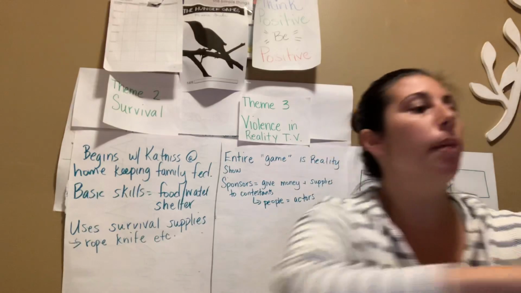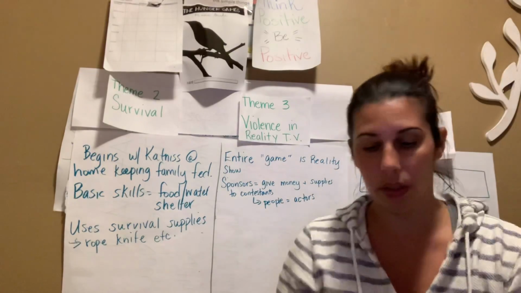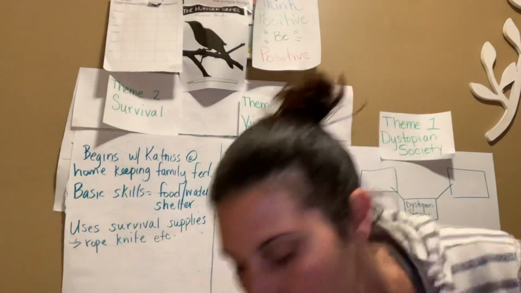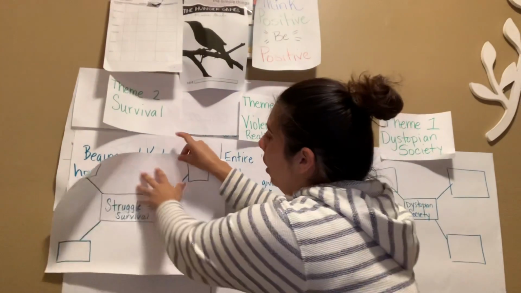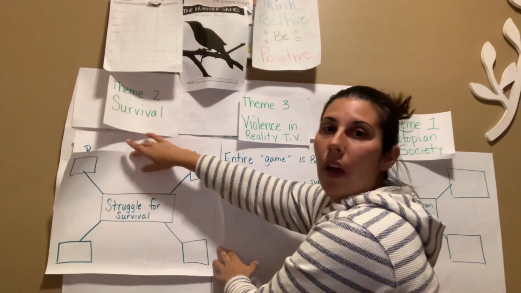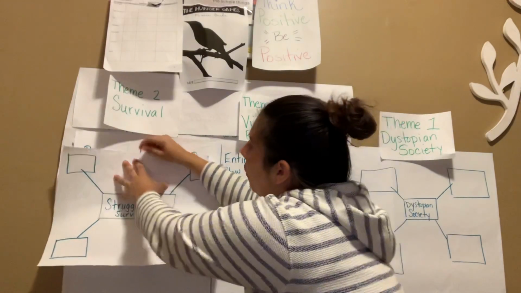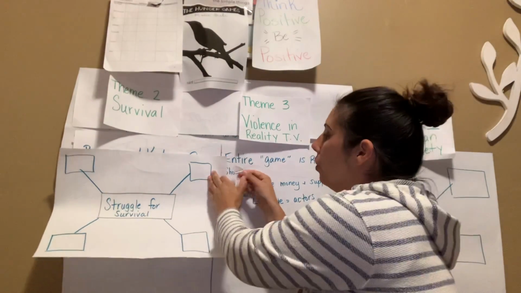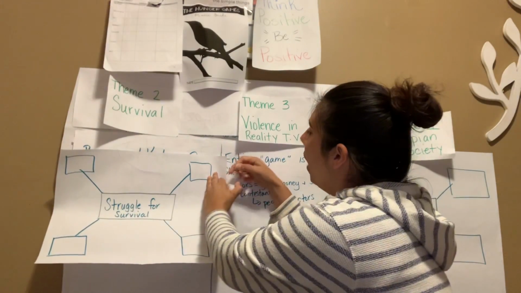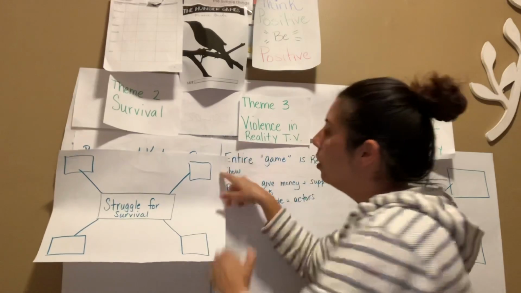So as an example, I said, struggle for survival. Now, if you're looking at this and it says the struggle for survival, you're going to find different examples from the movie that show that.